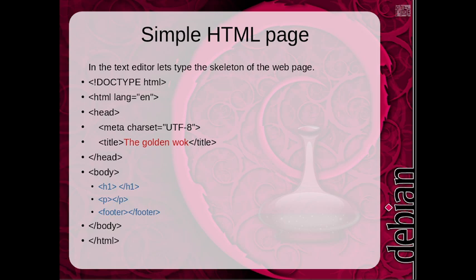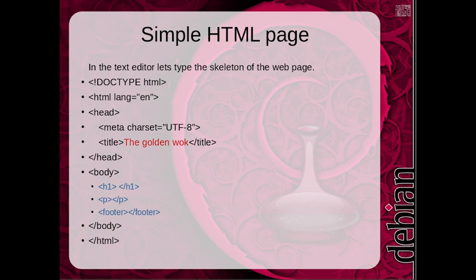We have doctype HTML, and you see the exclamation mark before it. If you are doing this, copy these exactly. Those are the skeleton of the HTML. You need to copy them exactly the same way.